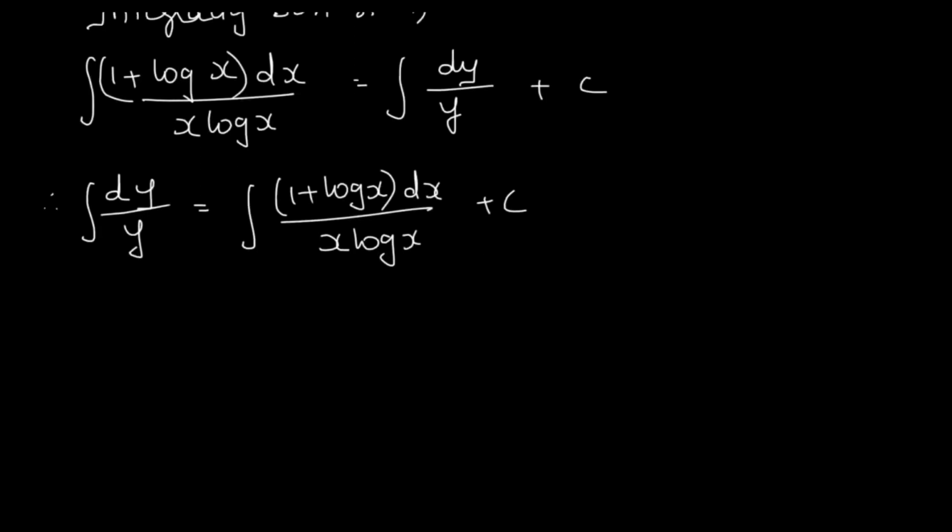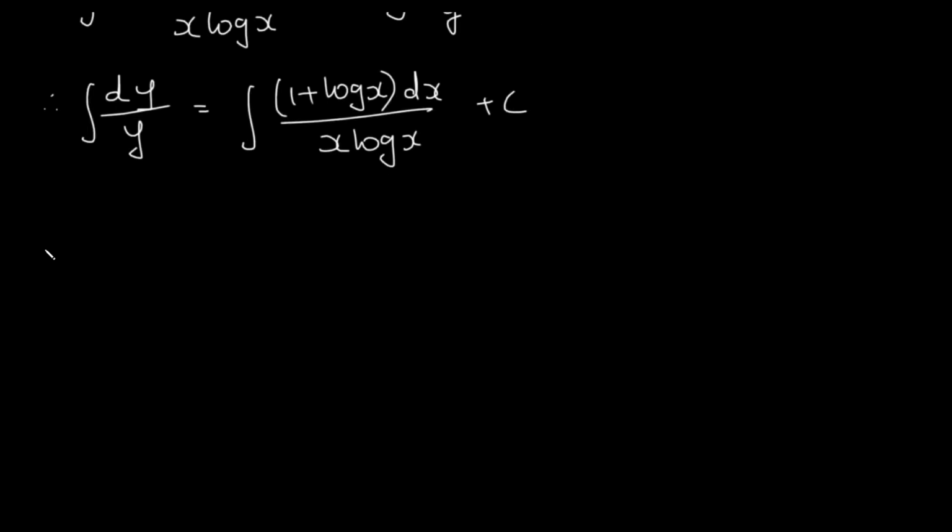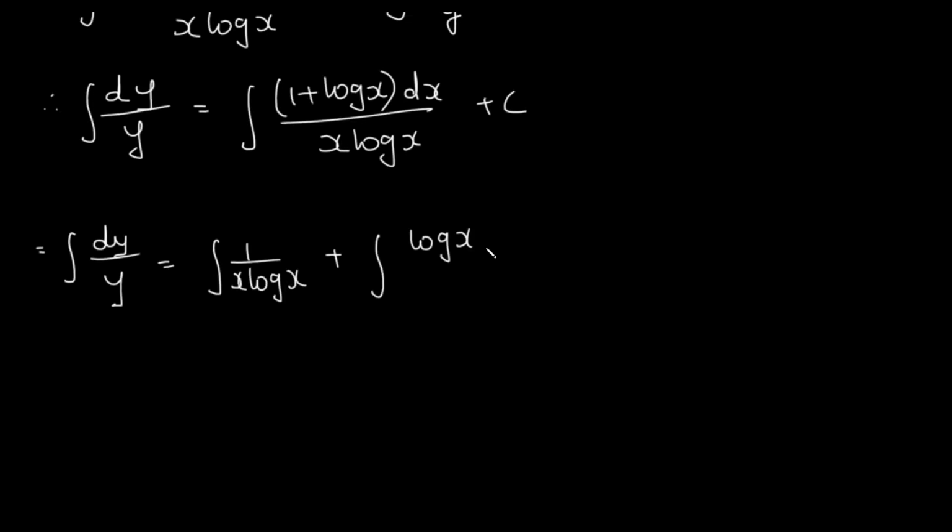Now in the next step, before solving it, we write dy upon y is equal to, on the LHS, for this particular term, let us separate out the denominators over here. So we get two terms. One term is integral of 1 upon x log x, and the other term becomes integral log x upon x log x.